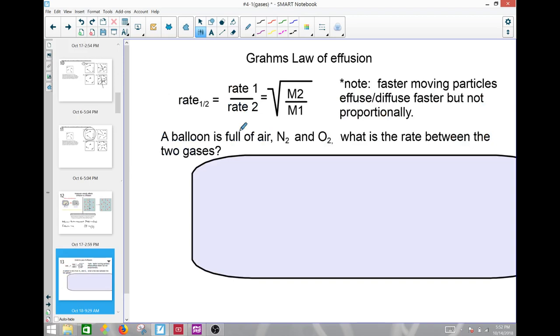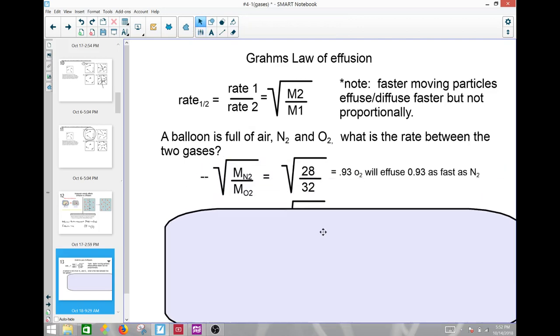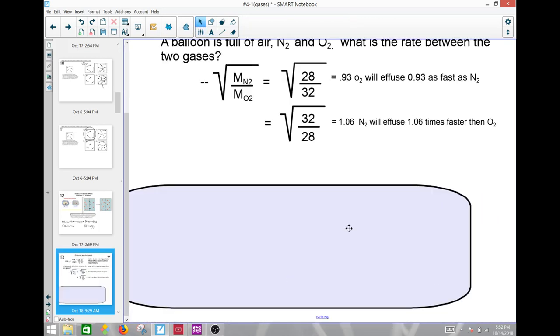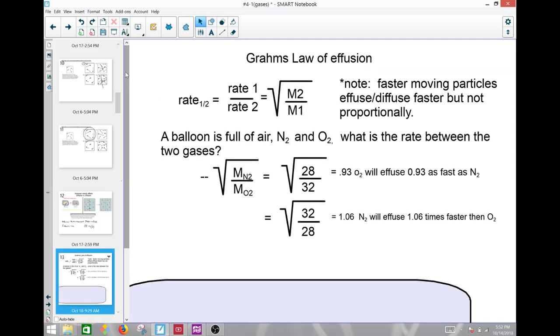Here's the formula we use to do some math on Graham's law. I'm just going to pull this thing away so you can see it. What do we want to know about Graham's law of effusion? It works for effusion and diffusion, as far as I know. Rate 1 over rate 2 equals the square root of molar mass 2 over molar mass 1.